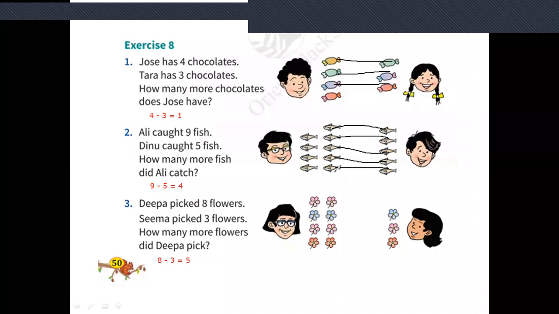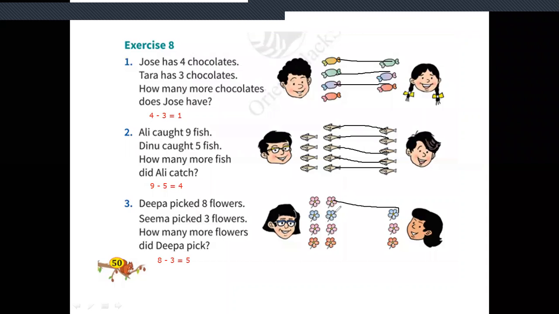See here. 1, 2, 3. 3 is matching. 1, 2, 3, 4, 5. 5 are left. So how many more did Deepa pick? 5 more Deepa picked than Seema.